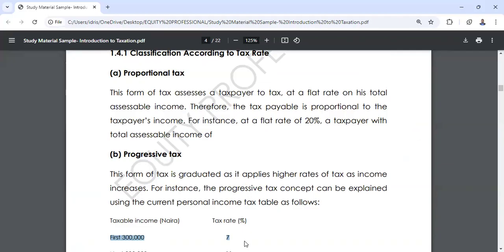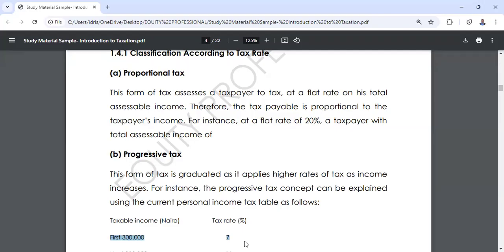However, the Finance Act 2019 said any taxpayer, any employee, on minimum wage or below is exempted from paying personal income tax. What is minimum wage?